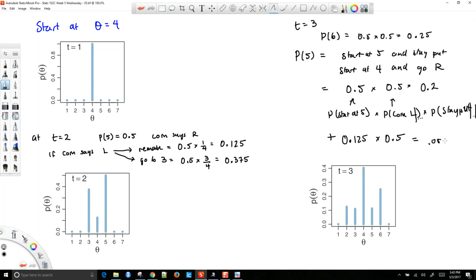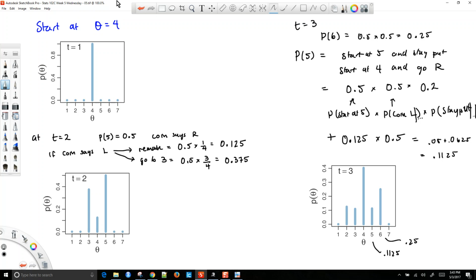So 0.05 plus 0.0625 gives me 0.1125. Okay, and that looks correct there. So this is 0.1125, and this one has probability 0.25. Then we could do it for 4, 3, and 2, and we would get some number, and this is what we have. Even at time equals 3, there's no way we could be at island 7 or island 1.